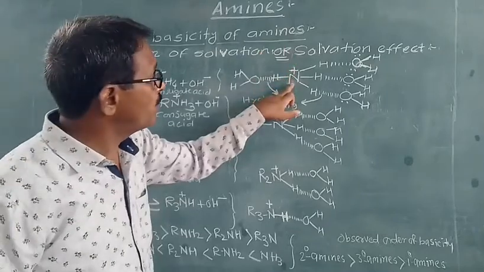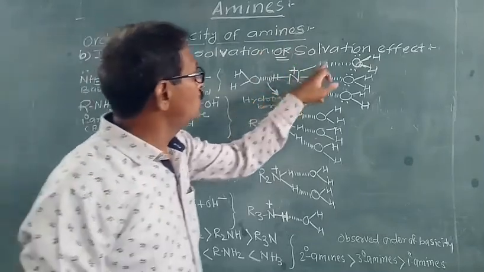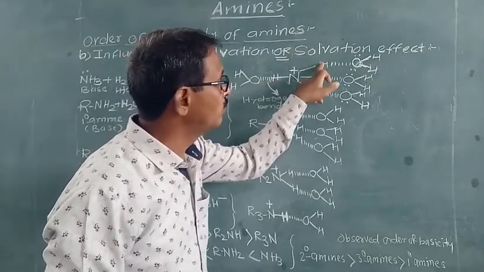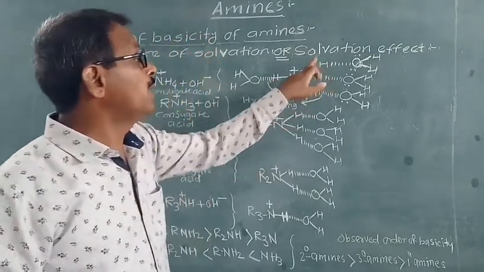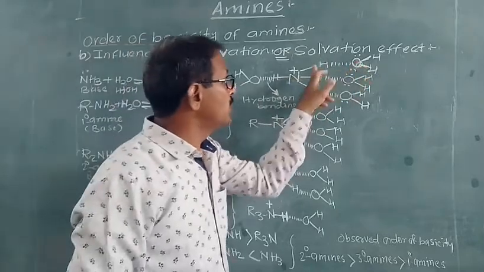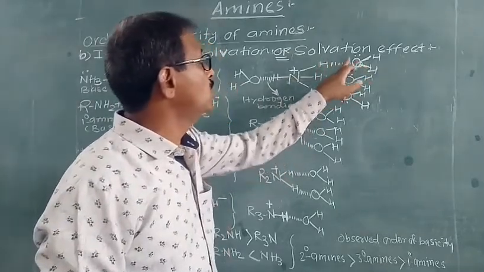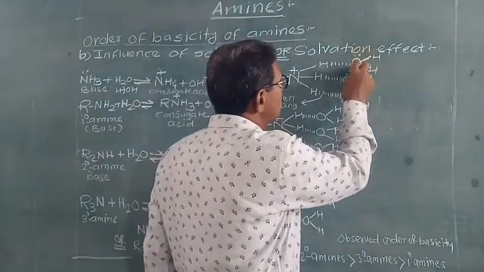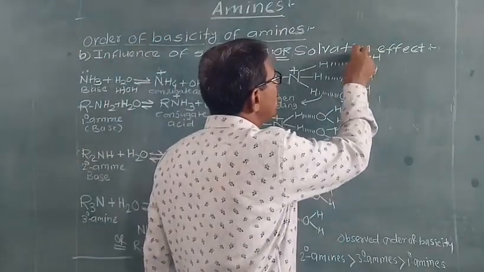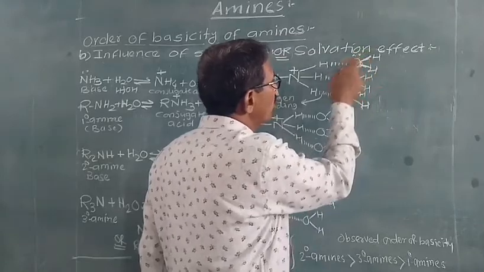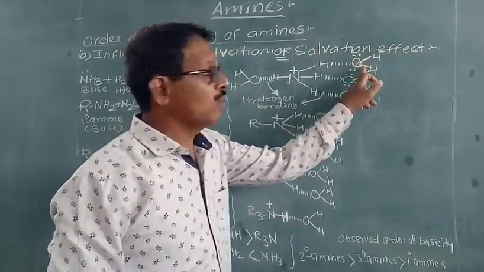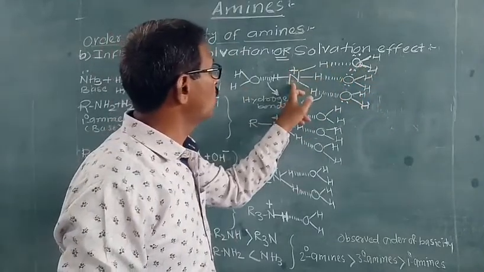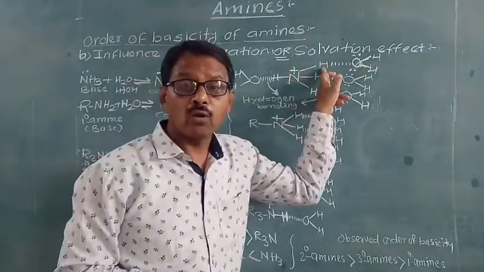Now this electron deficient nitrogen atom has 4 hydrogen atoms attached to it. They interact with H2O, which is a nucleophile, an electron rich species. This oxygen atom contains 2 lone pairs of electrons, and this water molecule donates a lone pair of electrons to this nitrogen atom through this hydrogen atom.